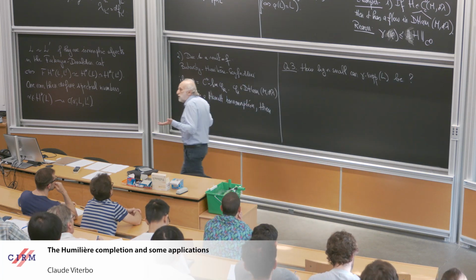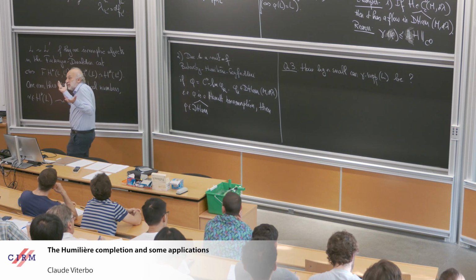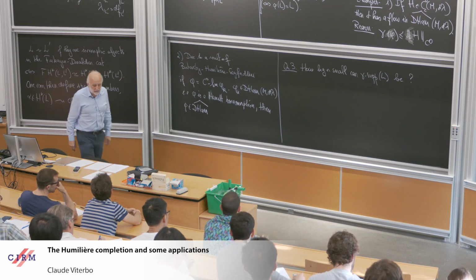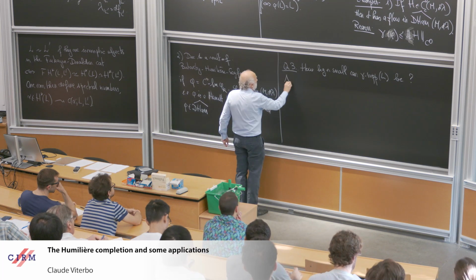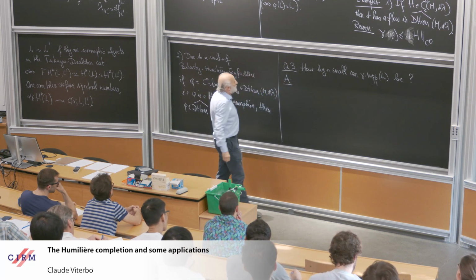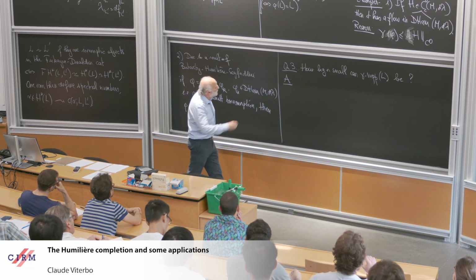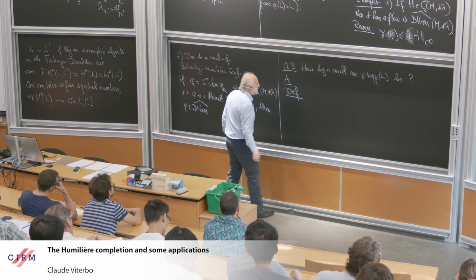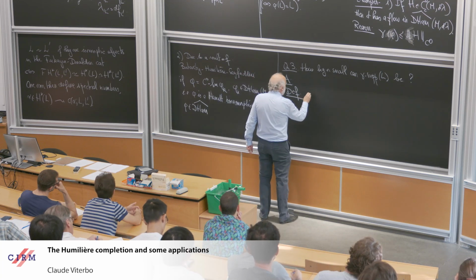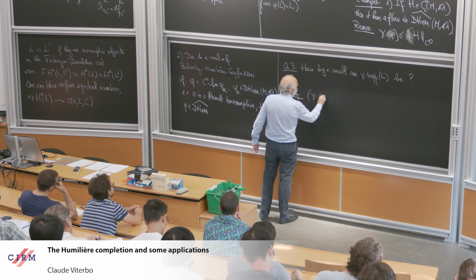For the moment, you don't know anything. You could say, okay, sometimes it's empty, so it doesn't really help. Okay, and so let me give an answer, and there are several aspects to the answer, but one goes through a definition, and the definition is what I will call gamma coisotropic set.